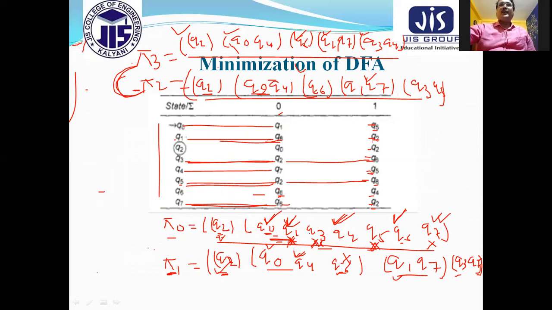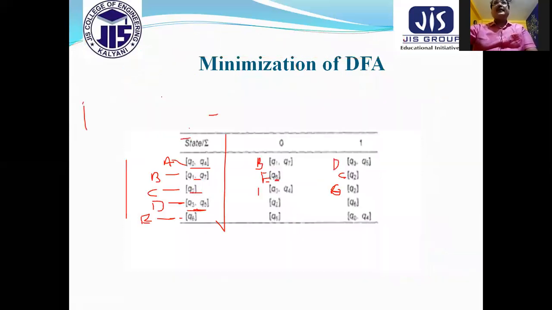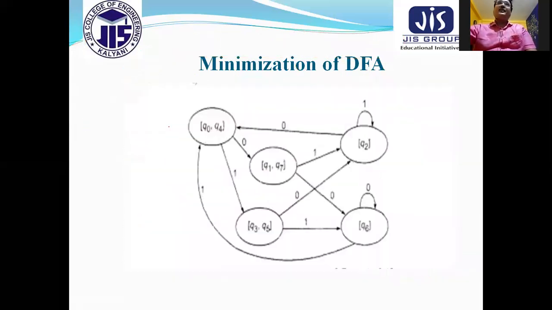After that, we compare the pairs, whether they are equivalent to each other or not. If they are, they belong to one set; if not, we can divide. When you go for pi 1, consider the sets of pi 0. When you go to pi 2, consider the sets of pi 1. When you go for pi 3, consider the sets of pi 2. This process continues until there is no change from the previous one.